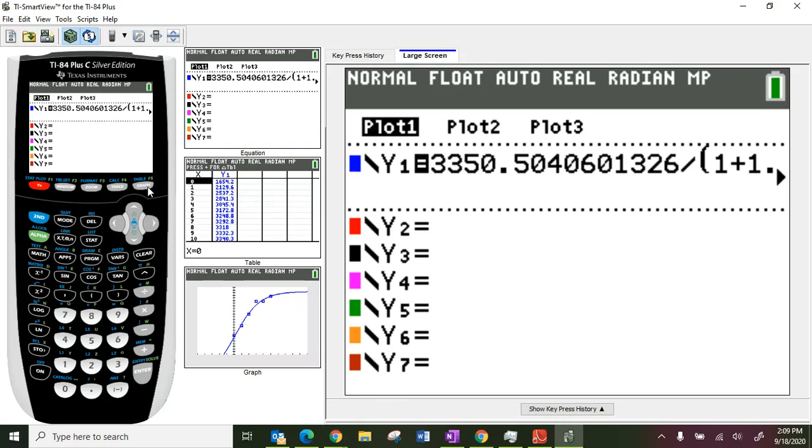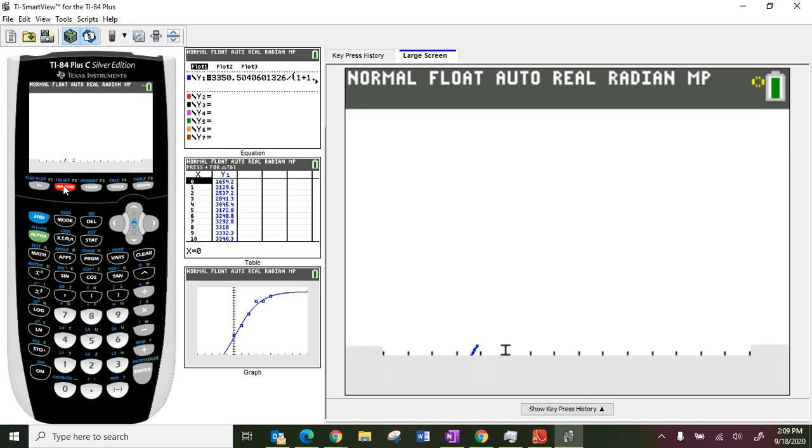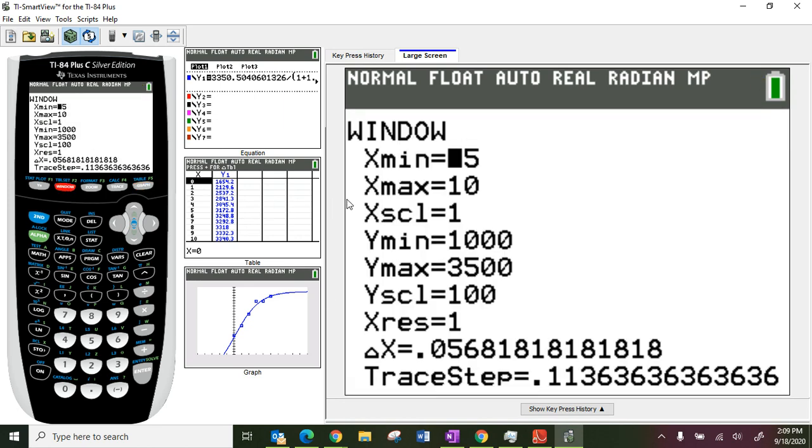So now let's go back to our graph here and notice that it's there. Now we can't really see much of the graph. We could just see the points. So at this time, we want to adjust our window. I want to be able to go below the x-axis there. So I'm going to change this to negative 500.